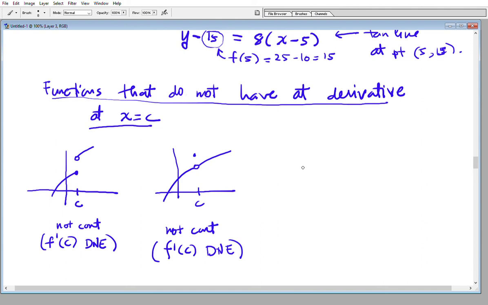But here's the one we're more interested in: examples where the function is continuous but has no derivative. So this is an example where you have a sharp point.